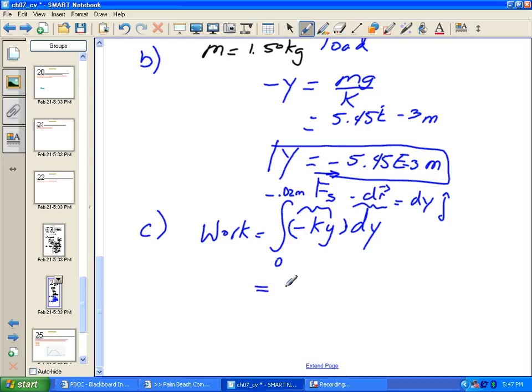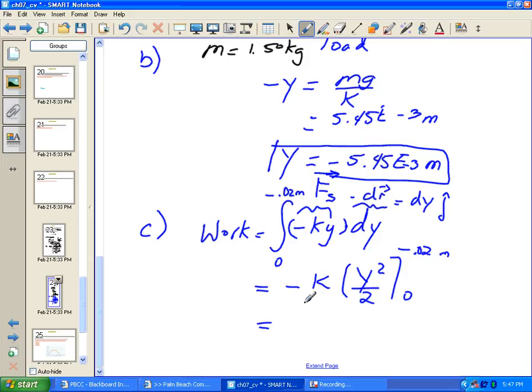So solving for the integral, minus ky dy becomes y squared over 2, from 0 to minus 0.02 meters.